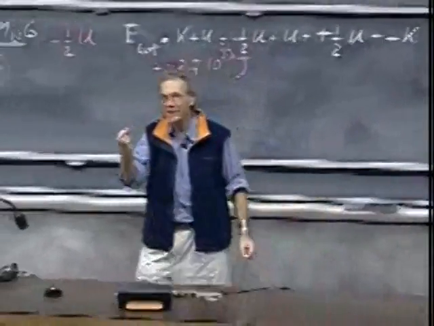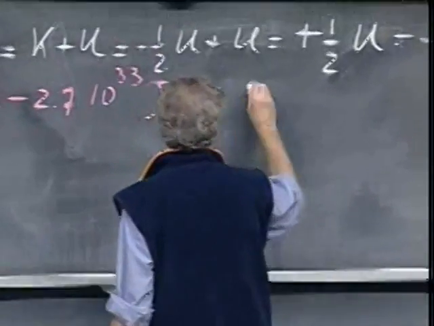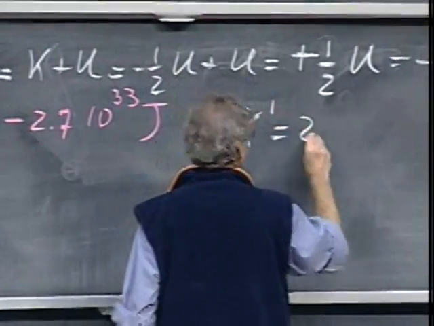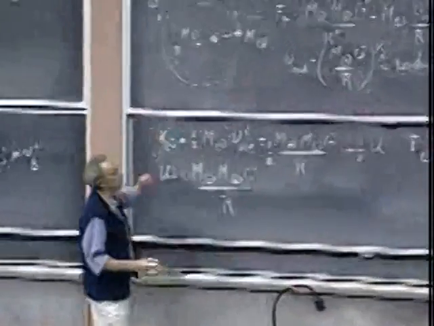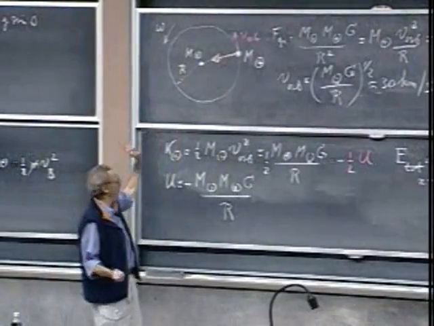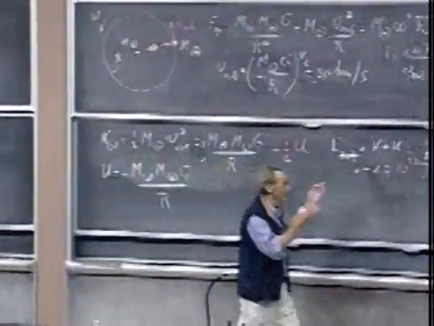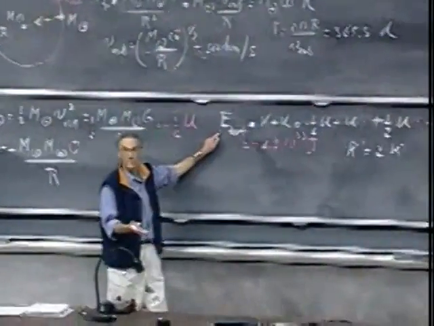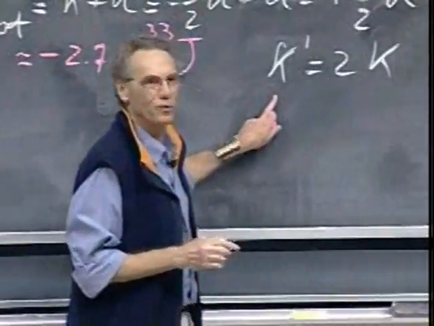If I add the kinetic energy K, then the new kinetic energy after the rocket burn would be exactly 2K. The potential energy is not changing, because you fire the rocket when you're there, and so you're still at the same position after the rocket fire, but your kinetic energy must have doubled. If it hasn't doubled, this doesn't become 0. Aha! But if the kinetic energy has doubled, then the speed must have gone up by the square root of 2, because kinetic energy is proportional to v squared.